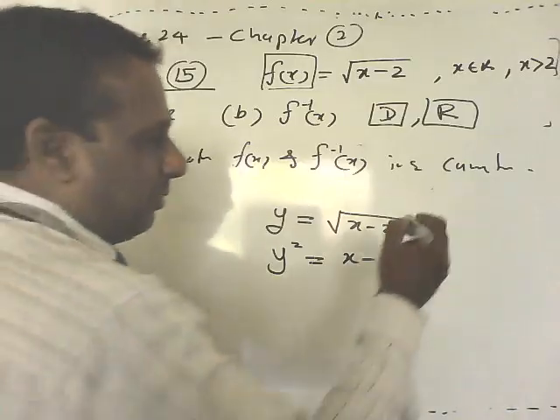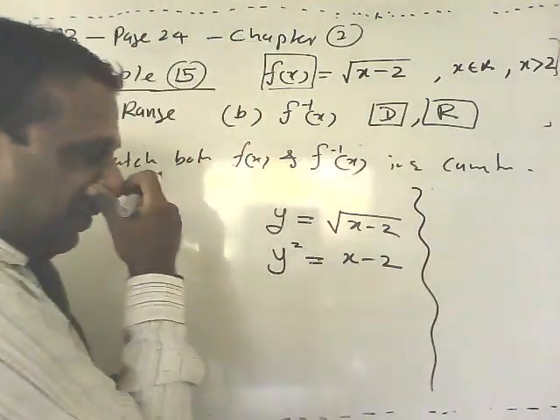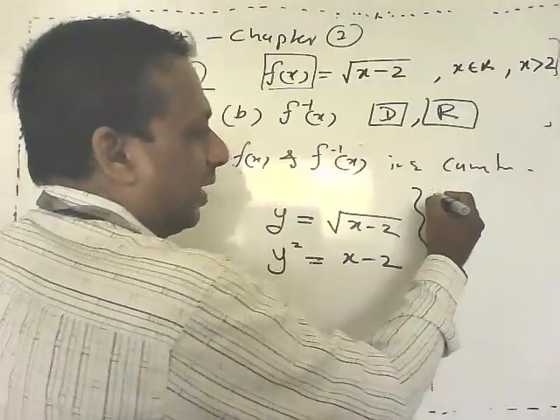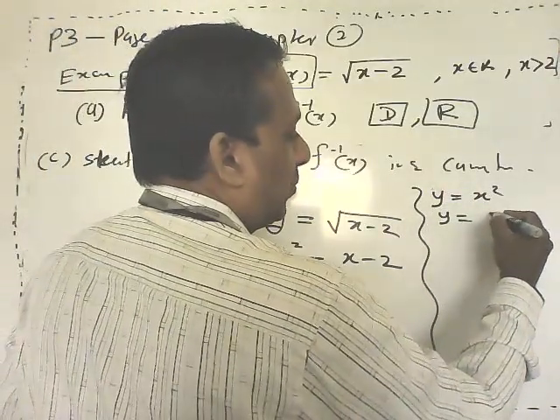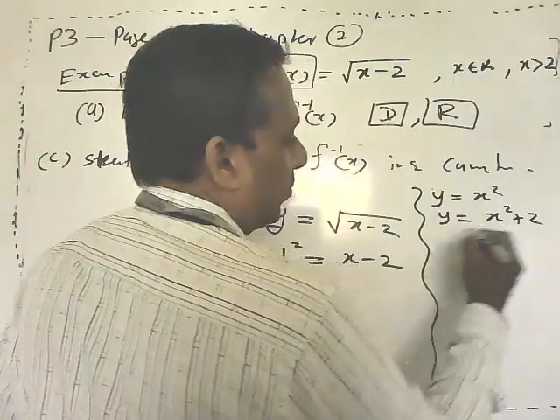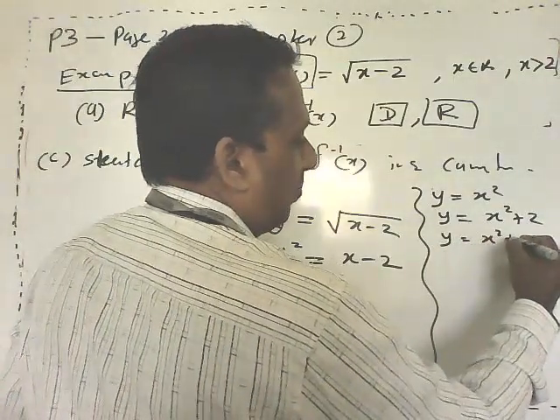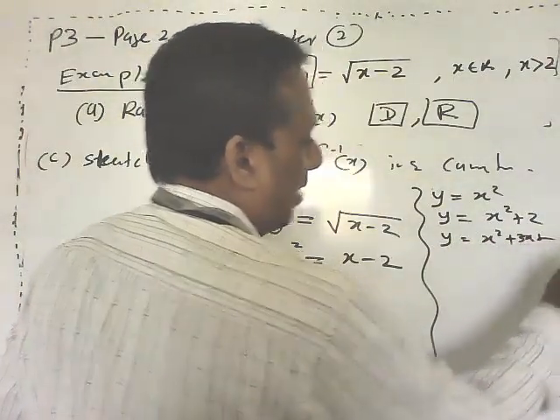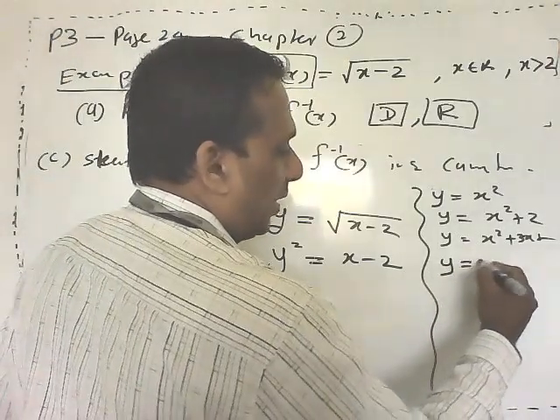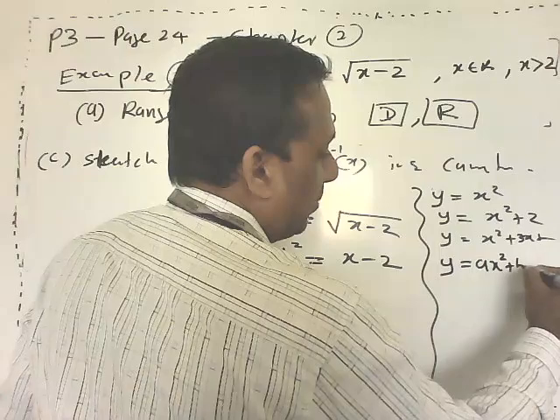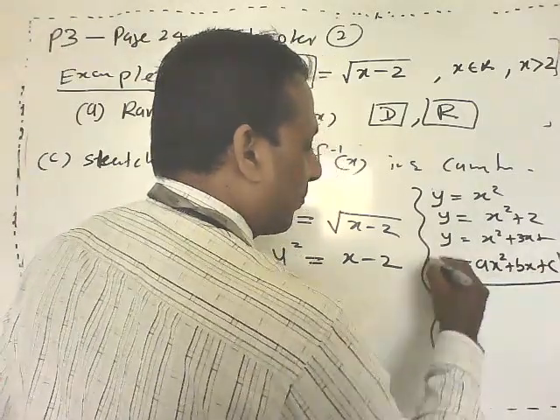Now we know, if we take y is equal to x squared, y is equal to x squared plus 2, y is equal to x squared plus maybe 3x, something like that. Generally we know how to plot y equals ax squared plus bx plus c.